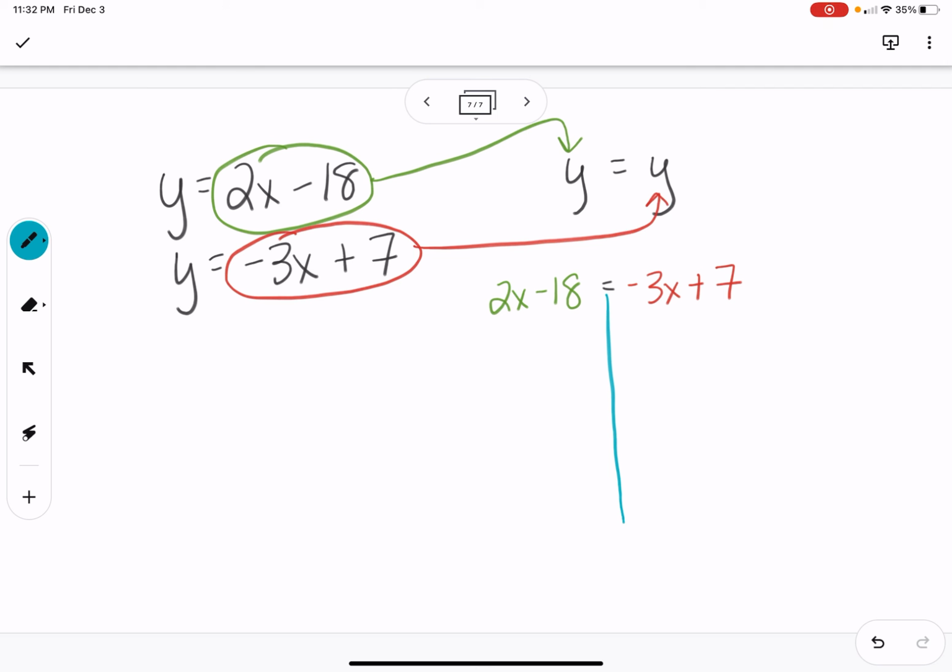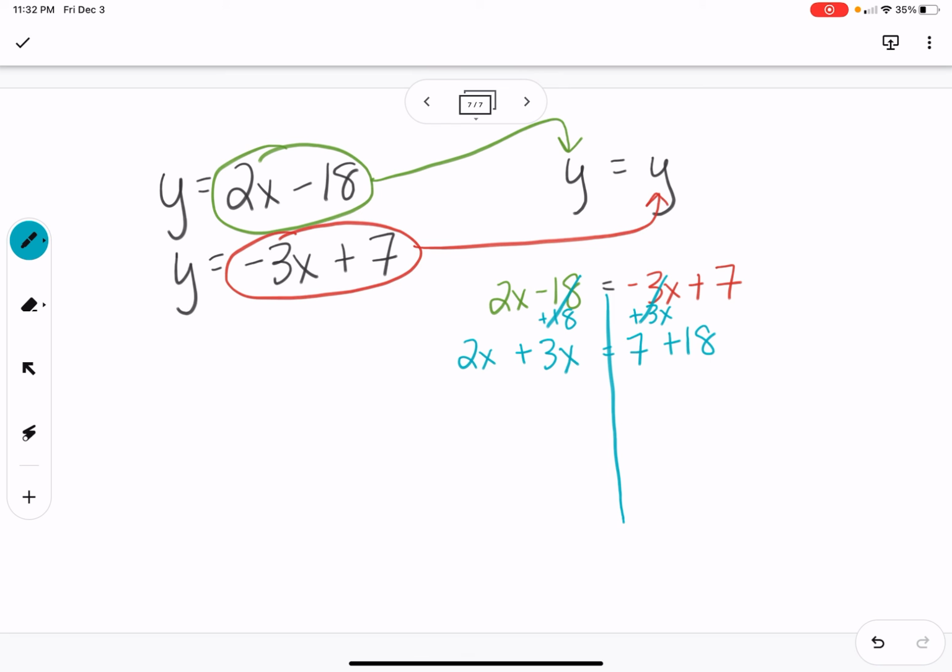All right, so I want to get my x's to the same side. So 2x is already over here. I want to move that negative 3x over. So to move over a negative 3x, I would add 3x. Okay. 7 is already on the right side. I want to move that minus 18 over. So I would add 18.